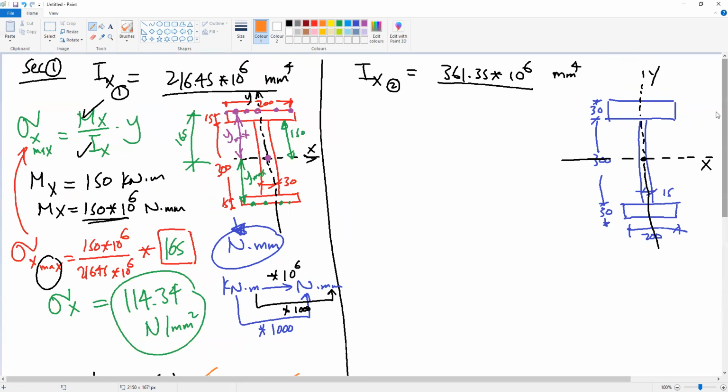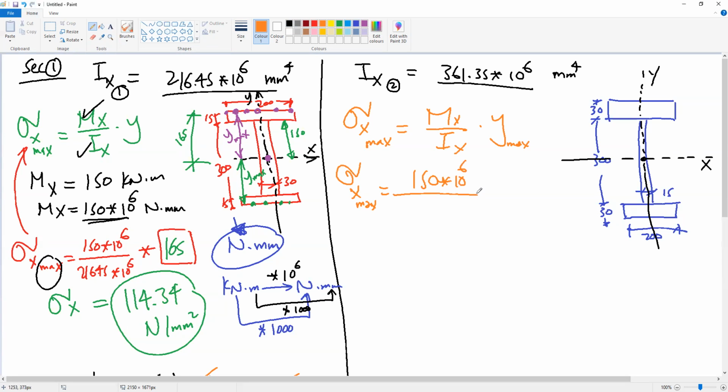For section 2, we will do the same things. So sigma x max for section 2 will be Mx over Ix times y max. Sigma x will be Mx, which is 150 times 10 to the power 6, divided by the inertia of this section, which is 361.35 times 10 to the power 6, times y max.